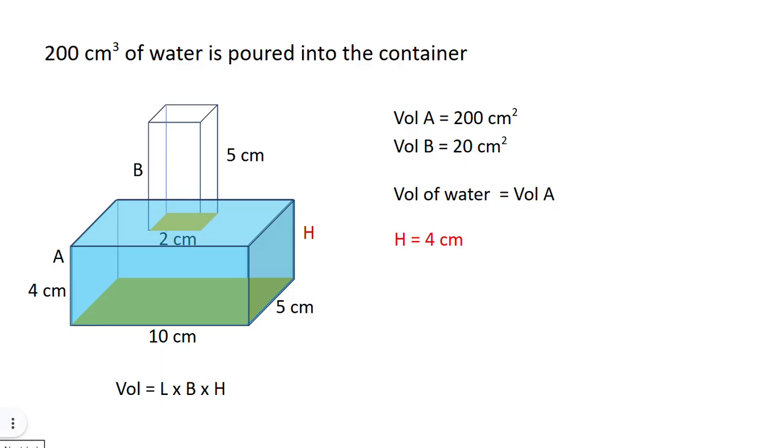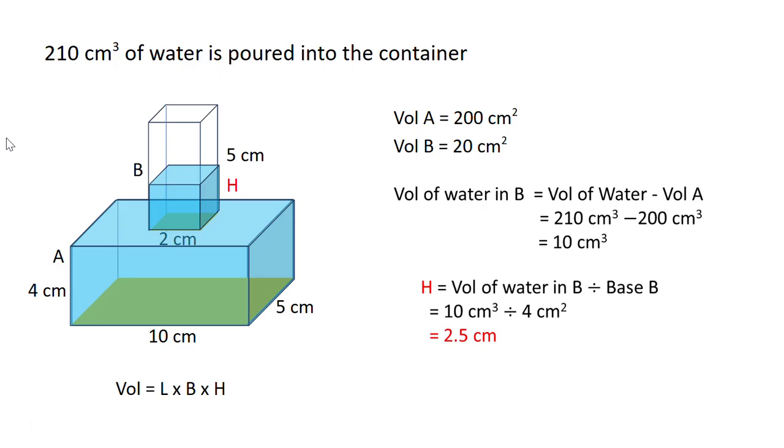Okay. Third scenario. Now they pour in 210 centimeter cube of water into the container. So same thing, we know container A is 200, container B is 20. Since they're going to pour in 210, which means that it's more than container A, the container is filled up and some water goes into container B. Okay?